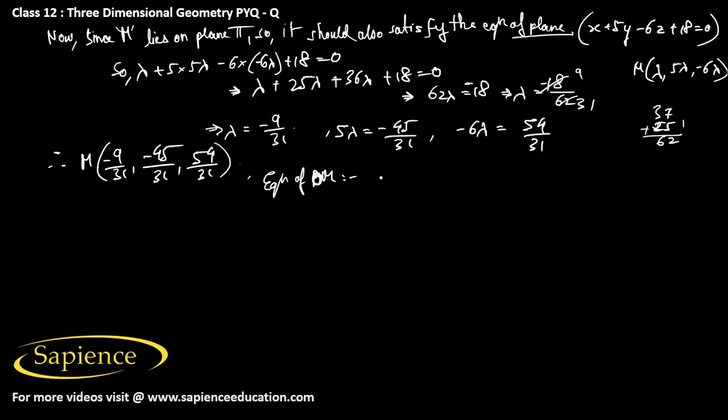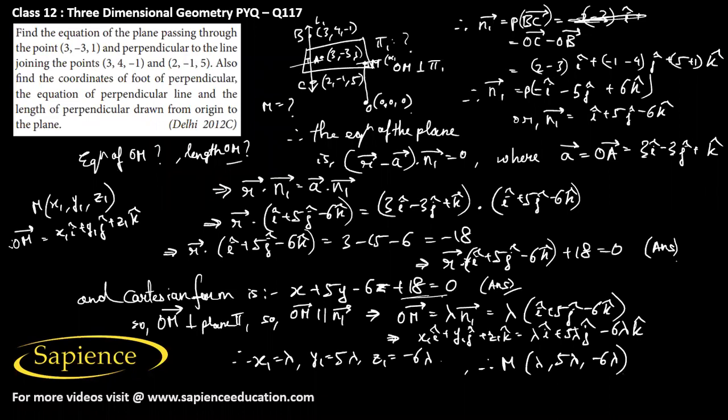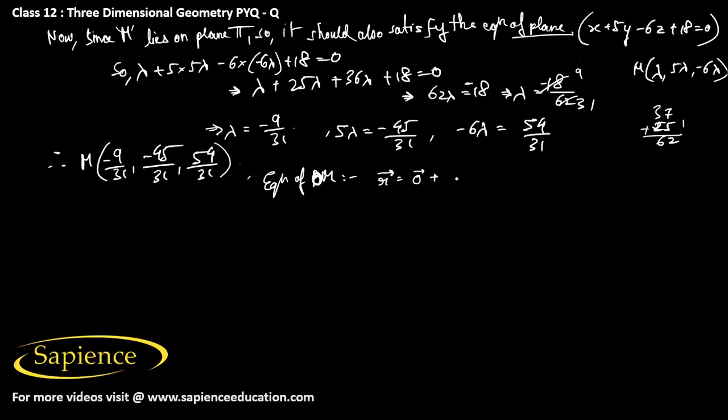Equation of the line OM: R vector equals A vector, which is the 0 vector since the origin lies on the line OM, plus mu times OM vector.